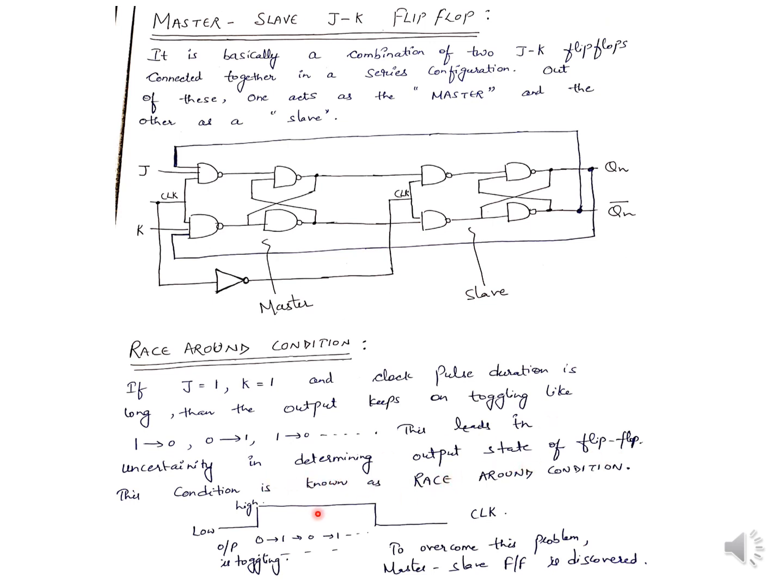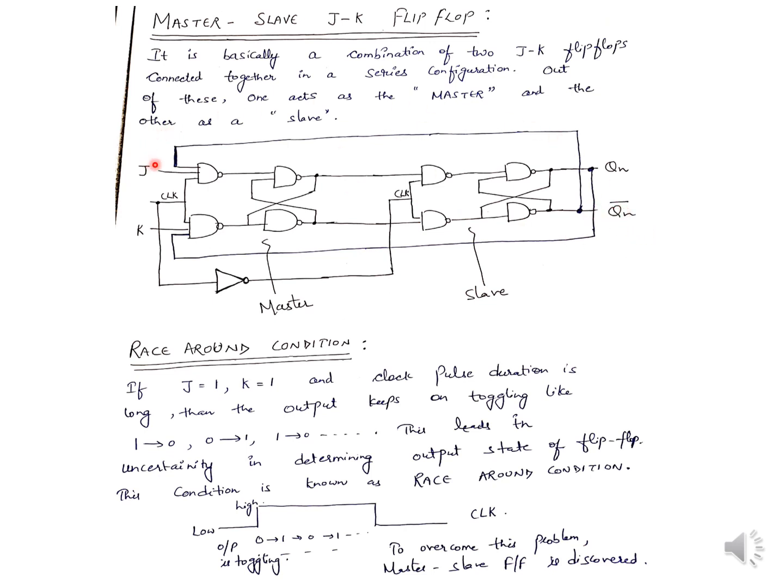This leads to uncertainty in determining the output state of the flip-flop. This condition is known as the race around condition. Why did this condition happen? Because in the JK flip-flop, if you remember, there was a feedback to the input. That means the output is changing and then again the output is going to the input, which is again changing the output. You understand this?